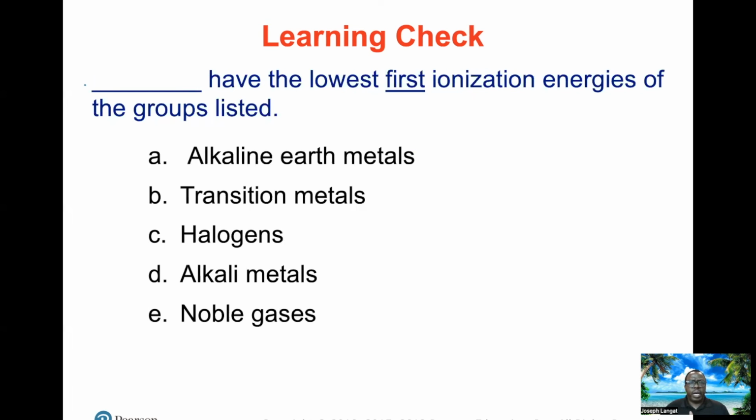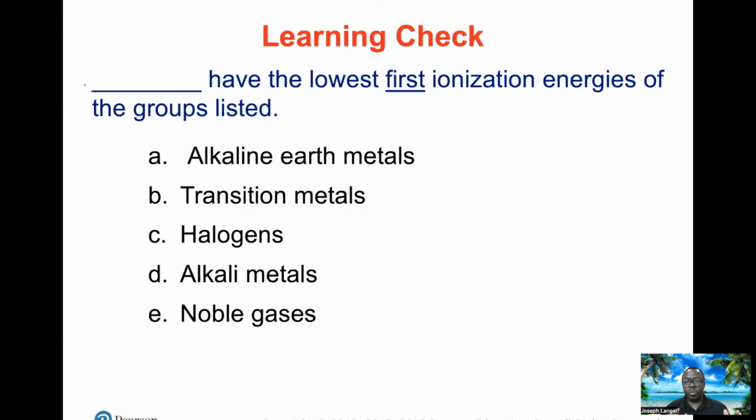Which group has the lowest first ionization energies of the groups listed? Again, this will call for recalling a prior concept we learned before, and this is naming of the groups.